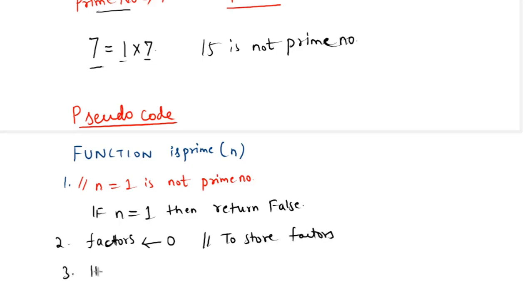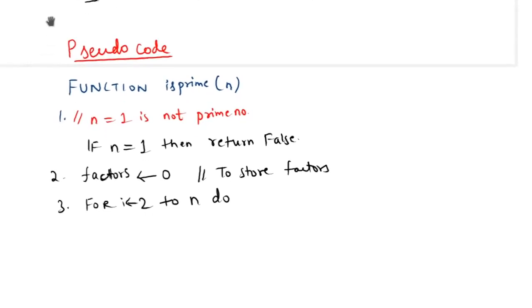Then a loop will be executed for i starting from 2 to n, do: if n mod i is 0, then return false, or let's say increment factors, because it has some factors, by 1 unit.